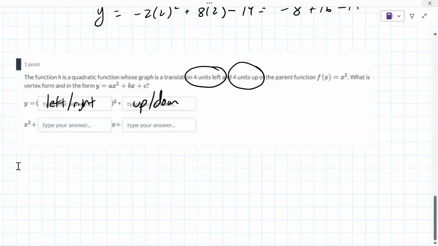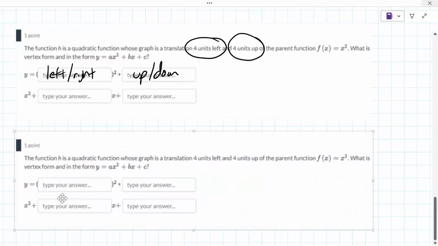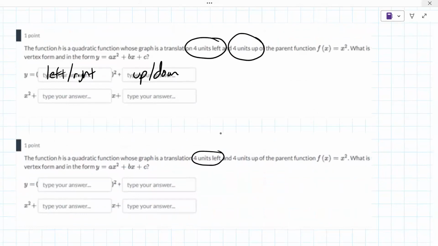Do you remember that from class or from one of our previous lessons? Yes. So the left and right are opposite of what you normally think they would be, but the up and down is the normal. That's what you would expect it to be. So +4 is up 4. Down would be -4. But left and right are kind of opposite of what you think they should be.